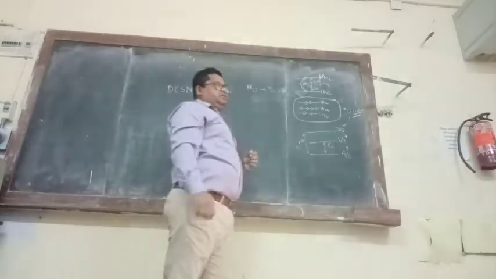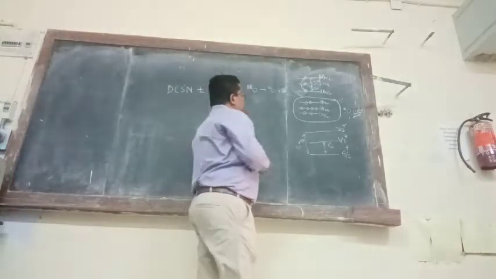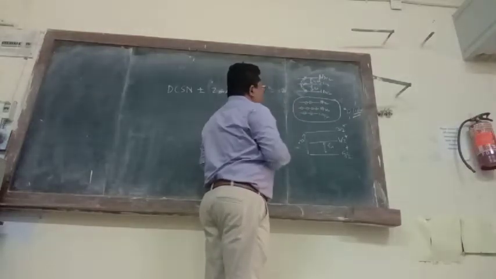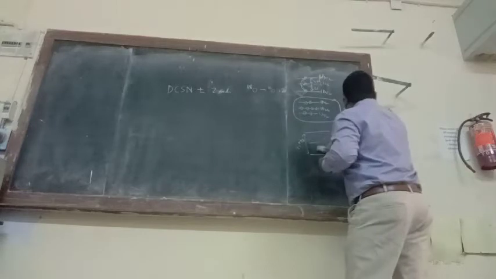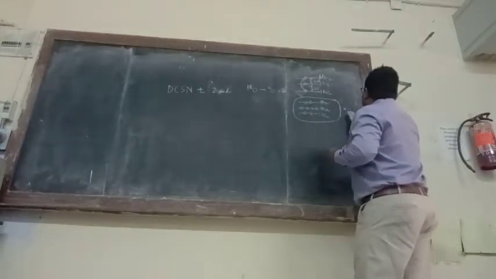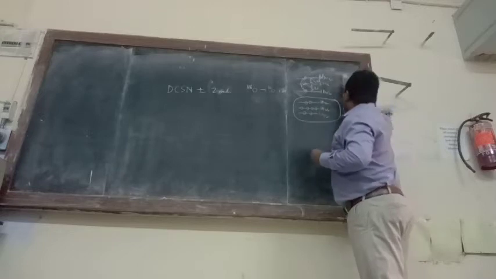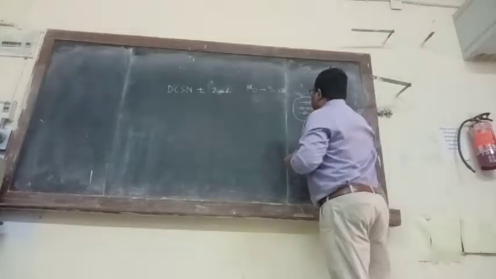Say 18 oxygen. Now, what can we do in this case for 18 oxygen? Let me rub this part. So again, it will be 16 oxygen core plus the two neutrons.